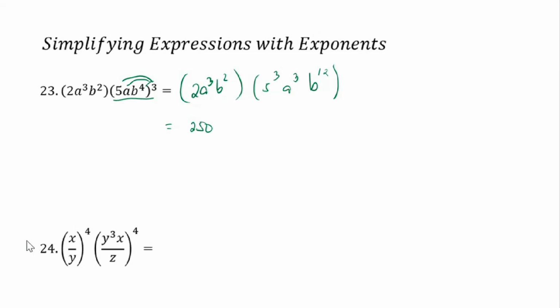And then copy the same base of a. Since this is now the multiplication law of exponents, add their powers. The powers are 3 and 3, so a total of 6. And then the next variable is b. So add the powers of 2 and 12, and it becomes 14.